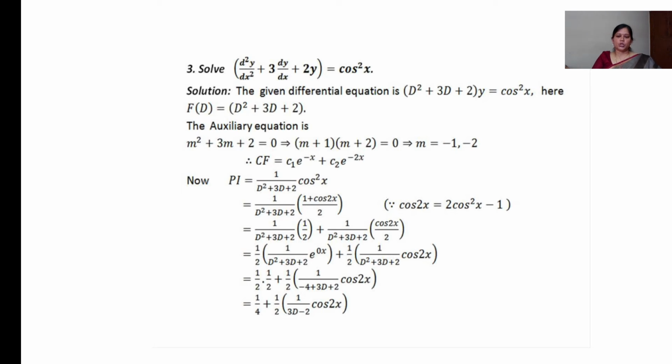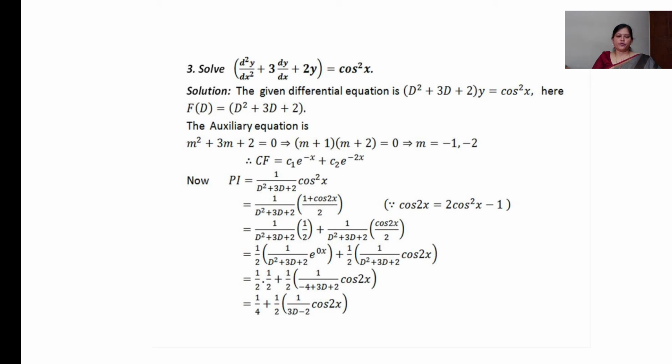Here the a value is 2, so D square is replaced by minus 4. If you substitute that in the denominator, we get 3D minus 2 into cos 2x.